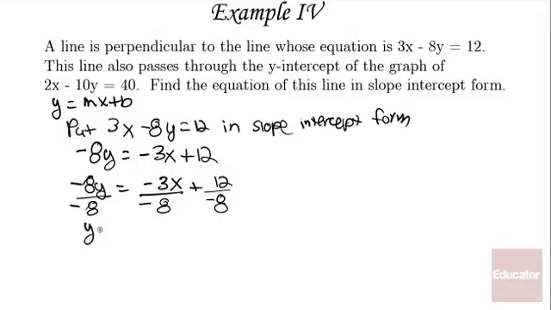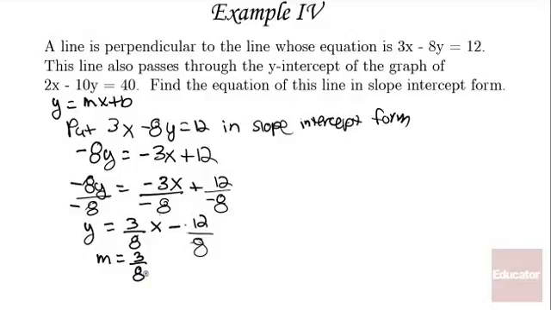These two cancel out, so now I have y equals 3/8 x plus 12 over negative 8, or we could just simply say minus 12 over 8. Okay. Now, I've got this in the form that I want it, y equals mx plus b, and that tells me that the slope of this line is 3/8.